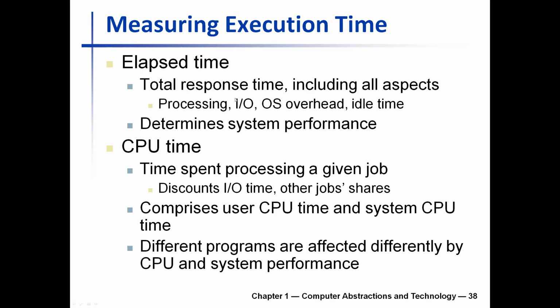When you measure elapsed time and CPU time, the differences between programs are based on those reasons, right? For one program, elapsed time might be a lot bigger than CPU time, while for a different program, elapsed time and CPU time might be closer to each other. So yeah, those are the two ways that we measure performance.